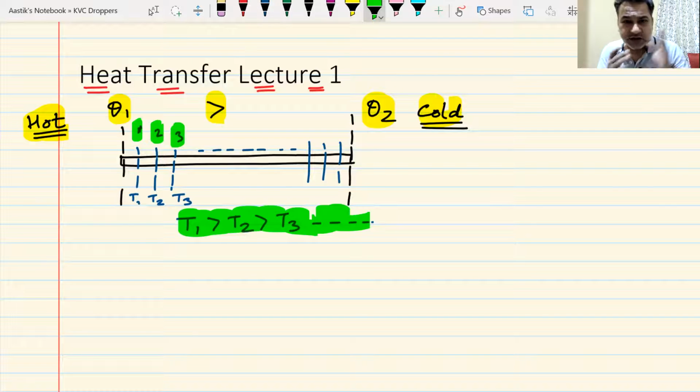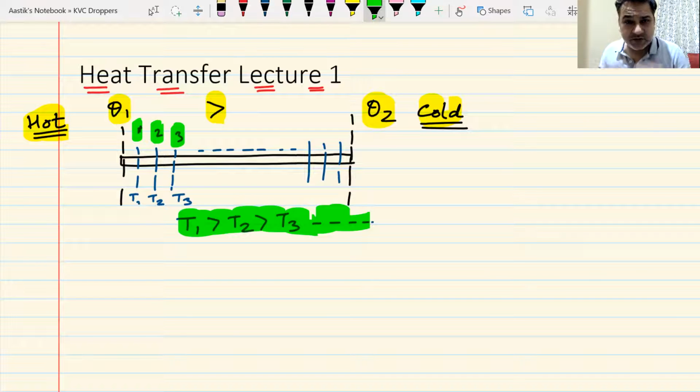The points which are closer will be hotter and the points which are farther will be cooler. Do we understand this? The temperature goes on decreasing from the hotter end to the colder end. Sections near the hotter end will be hotter. Sections nearer to the colder end will be colder.